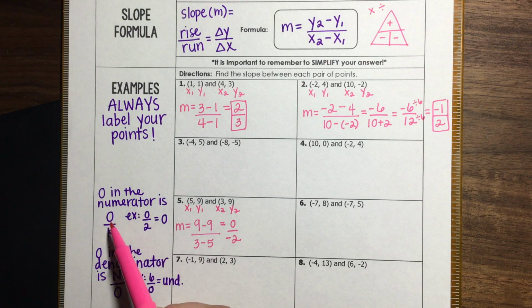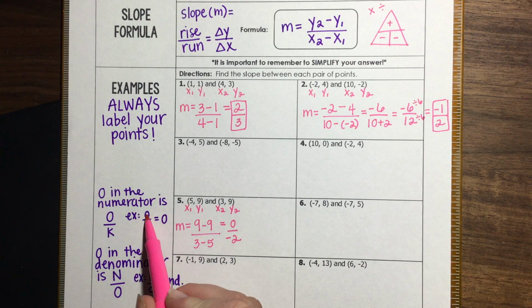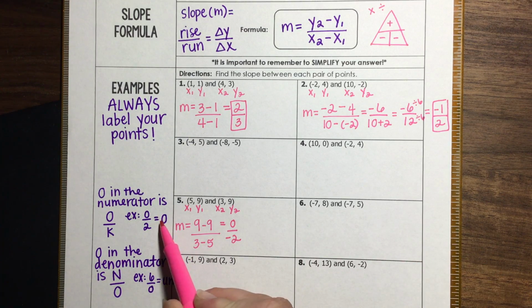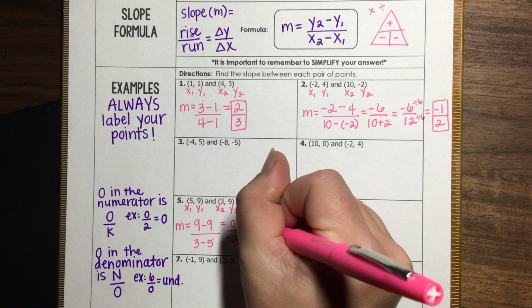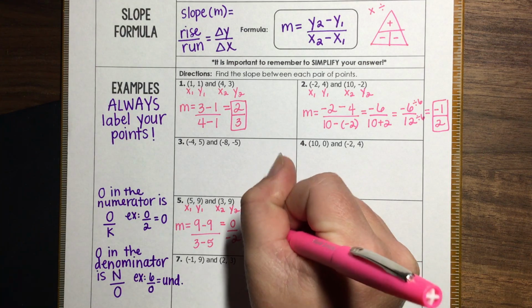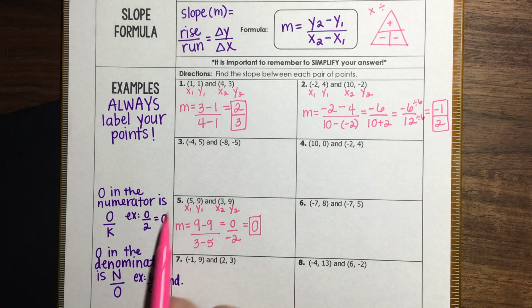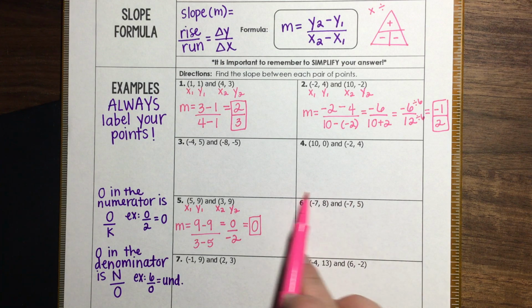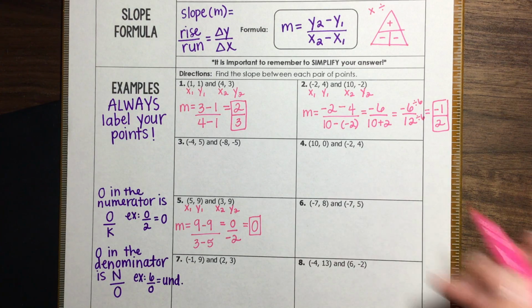I look over here: 0 in the numerator is okay. So 0 divided by negative 2 is just going to be 0. My slope for this problem is going to be 0. That is the no fun. He's going horizontal, he's not going down a hill, Mr. Slope Dude.